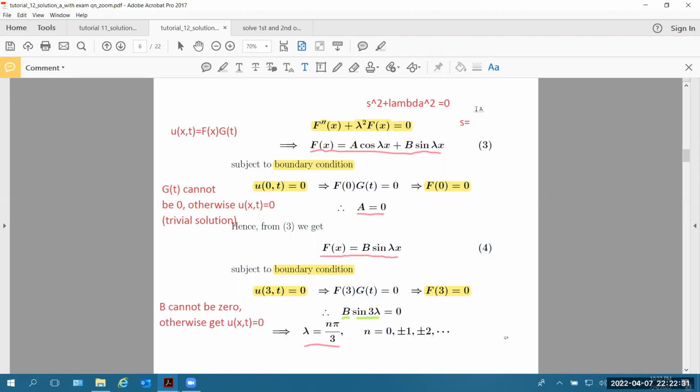So you are actually getting plus minus lambda i. i is the complex root, plus minus, of course. So it's a plus minus.